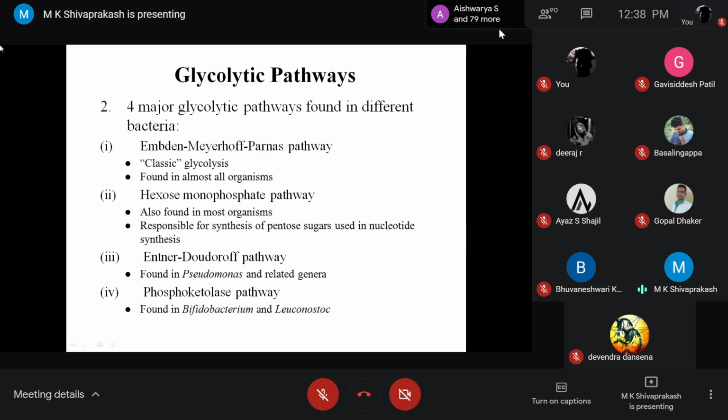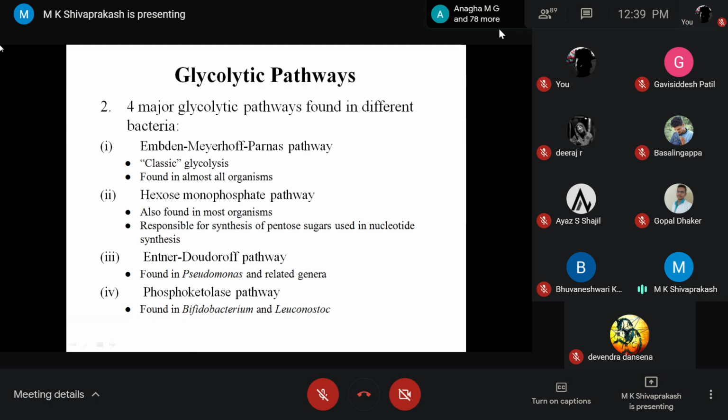Then the second is the Entner-Doudoroff pathway, or ED pathway, which is found in the genus Pseudomonas, a gram-negative bacterium, and related genera. Then the next pathway is the phosphoketolase pathway.